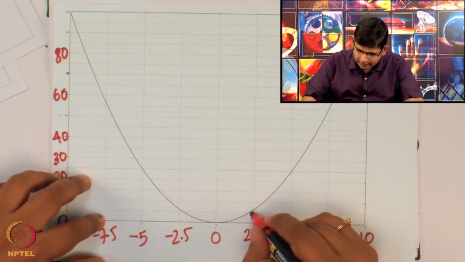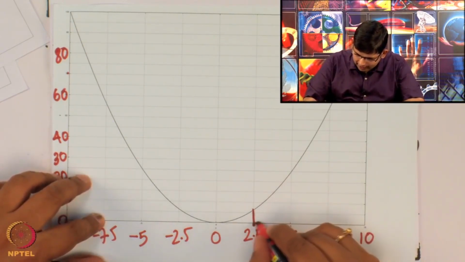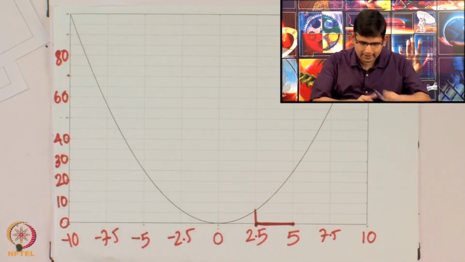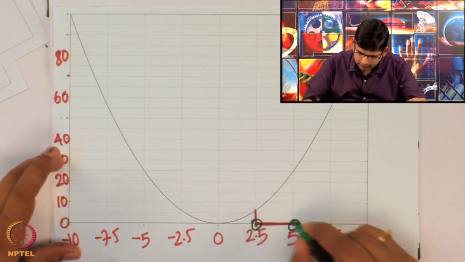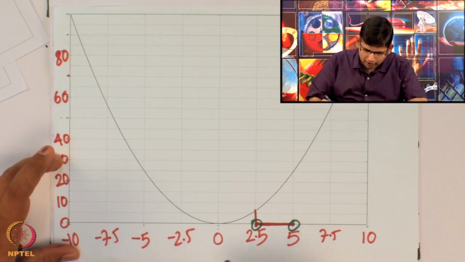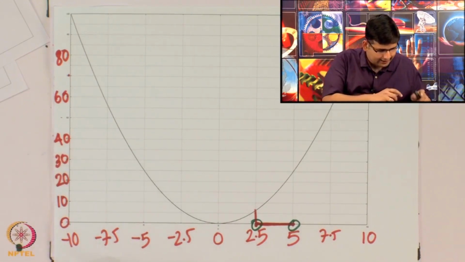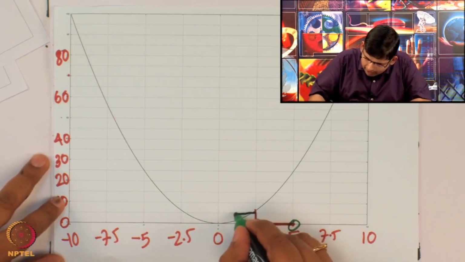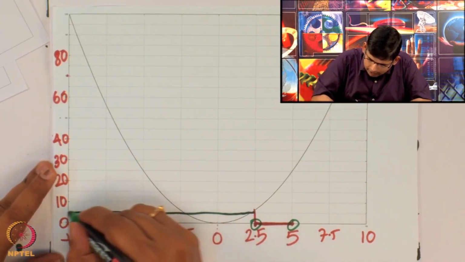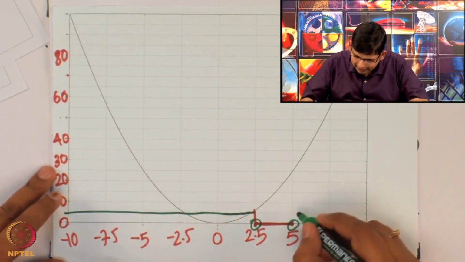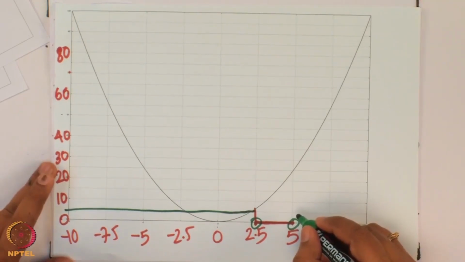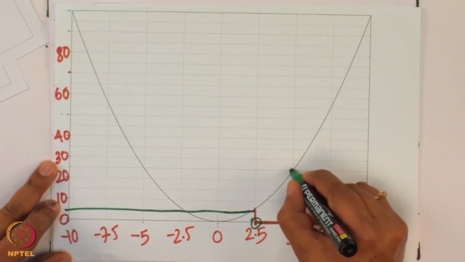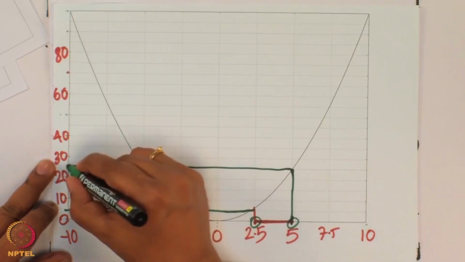Let us say I take these two points as my delta x, 2.5, and corresponding to this I can get the corresponding y values.